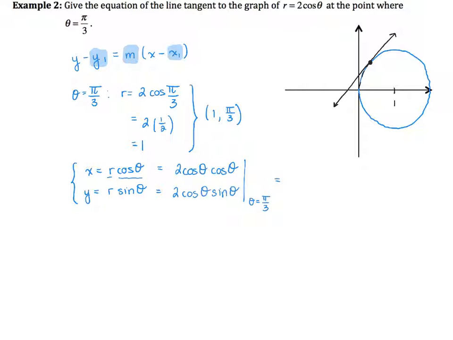Well, we know something about that. At theta equal to pi over 3, our radius is 1, and then we need the cosine of pi over 3. And again, for y, our radius is 1, and then we need the sine of pi over 3.